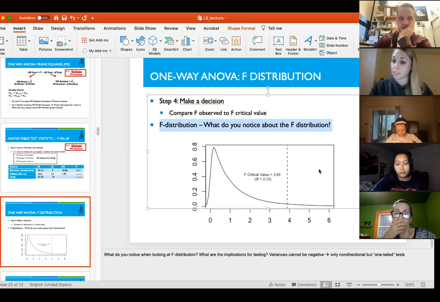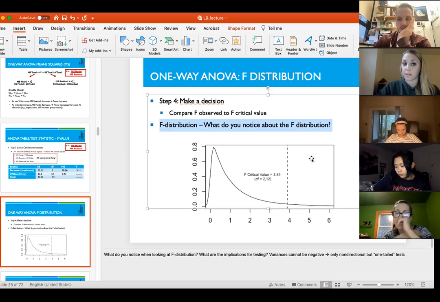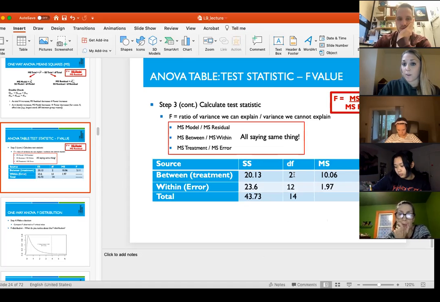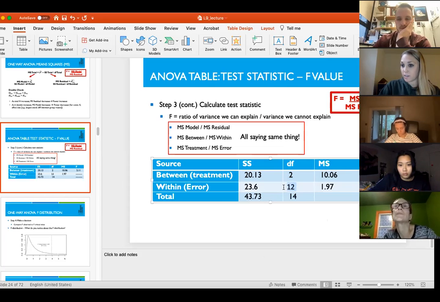You'll give it your degrees of freedom, just like you do with your T values. Except now you actually have to give it 2 degrees of freedom, because now we have 2: your degrees of freedom between and your degrees of freedom within.